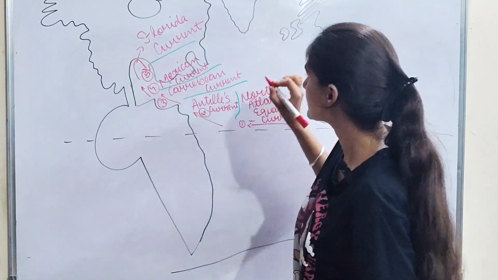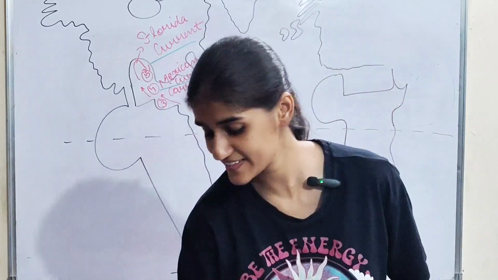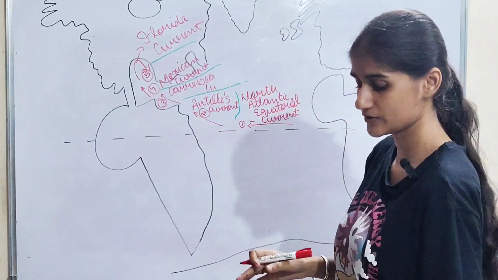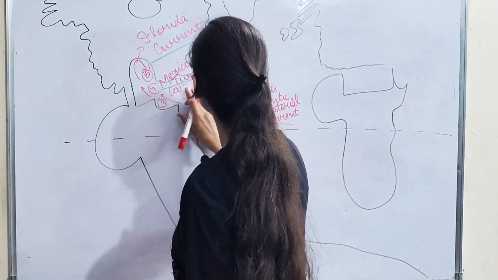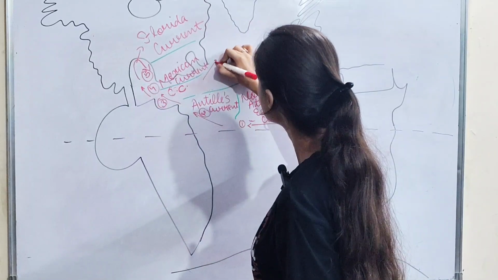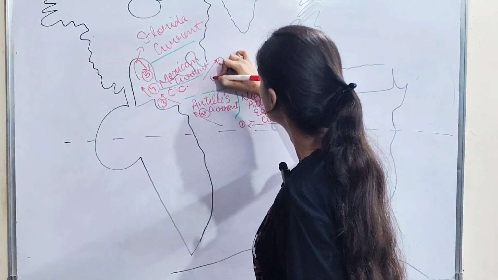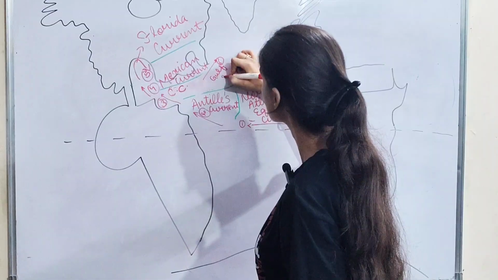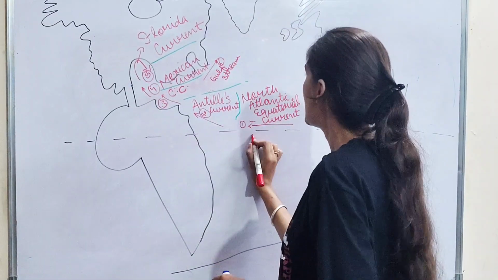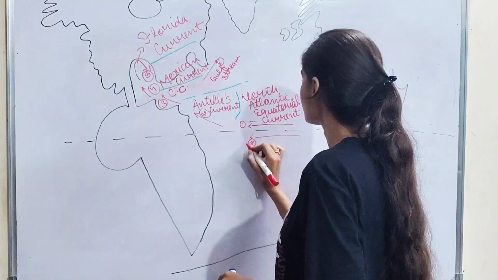Next we have the sixth current, for which I have to erase this a little bit. This is the sixth, the Gulf Stream. Yes. Next we have seventh.